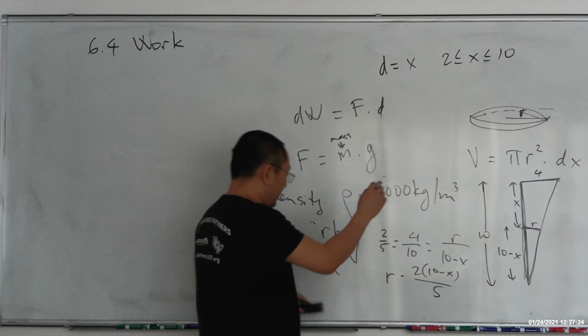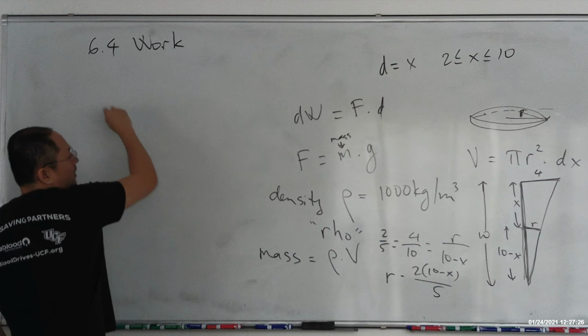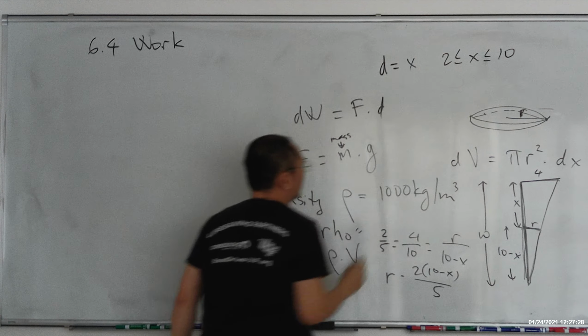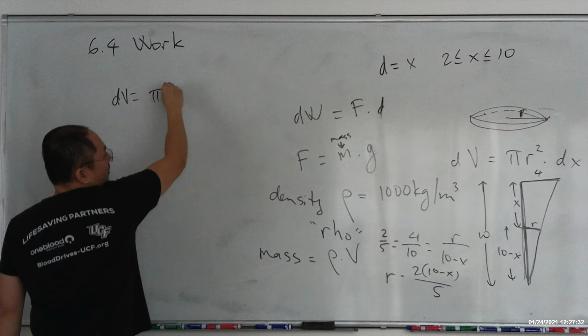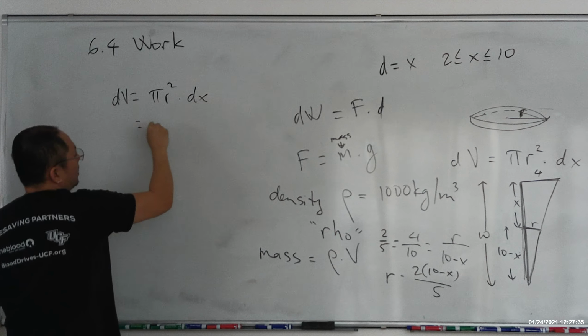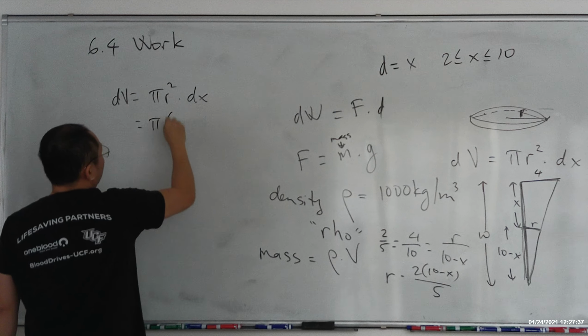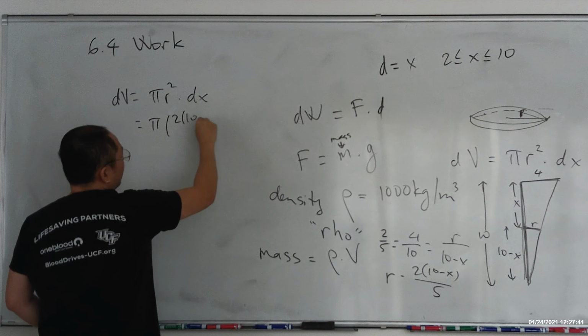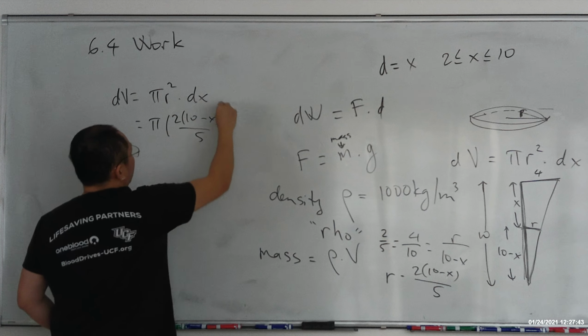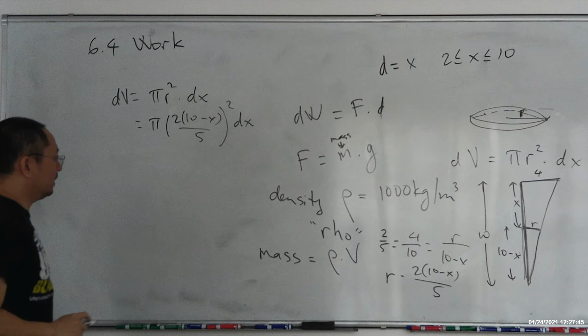The volume of that little disc, it's called little volume, is pi r squared times dx, which is pi times 2 times 10 minus x over 5 squared, and then dx. Okay?